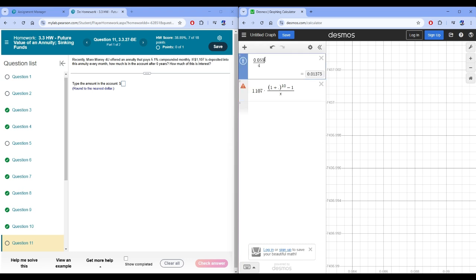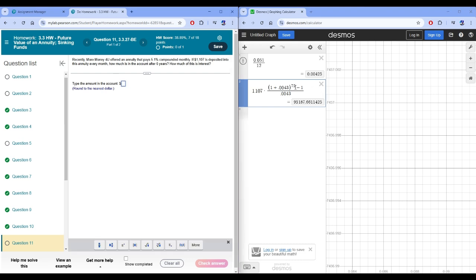What is I, not R, compounded monthly, which would be divided by 12, which means that my interest is going to be 0.0043. So then it's 0.0043 raised to the 6 times 12 is 72, minus 1. That seems correct. Again, 72 because it's 6 years deposited every month.